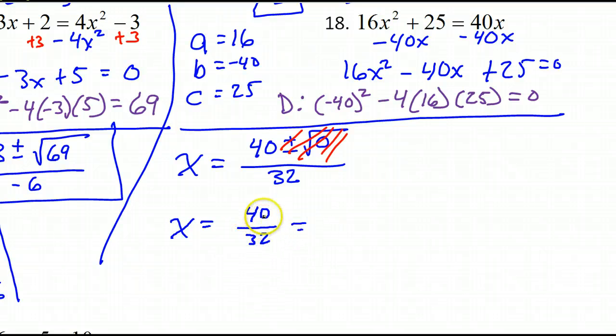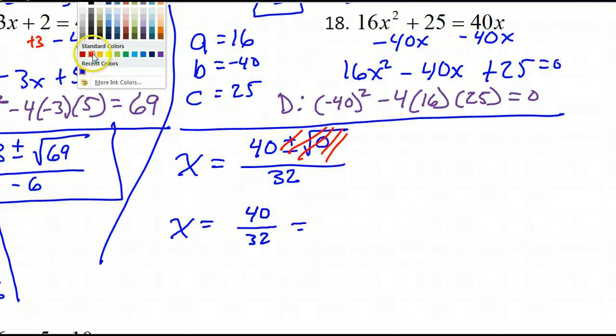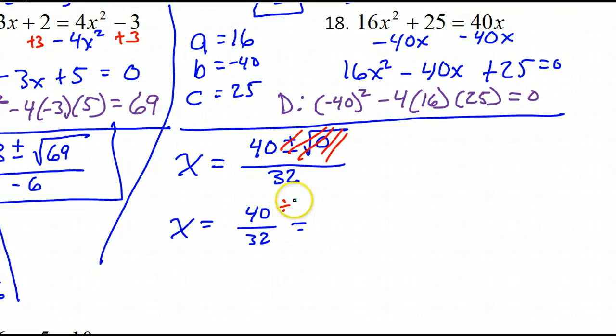This is the one and only solution. This just needs to be reduced. Okay, these are both divisible by 8. So that's going to be 5 over 4. Now, say if you didn't realize that these are both divisible by 8. Some of you guys, let's be honest, do not know your multiplication table.